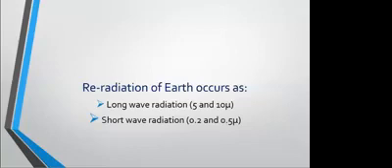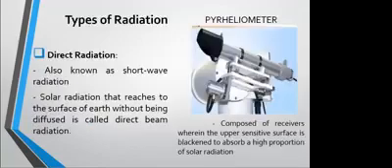So there are types of radiation. We have the direct radiation, which is also known as shortwave radiation. As I said earlier, with direct radiation, although we feel heat, it is not as strong as what we would supposedly receive.